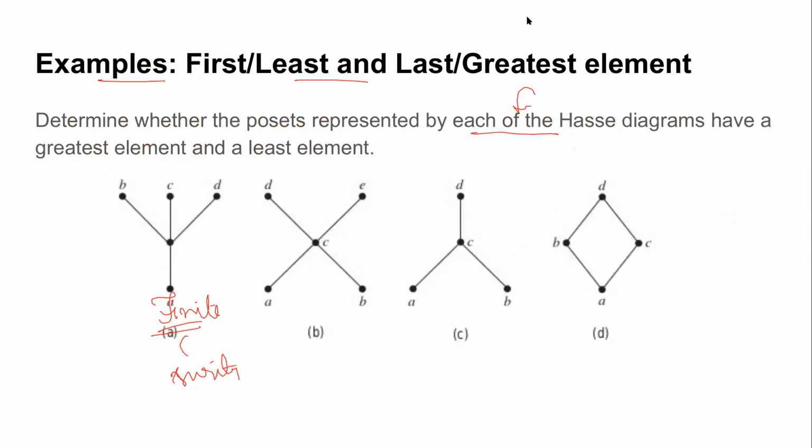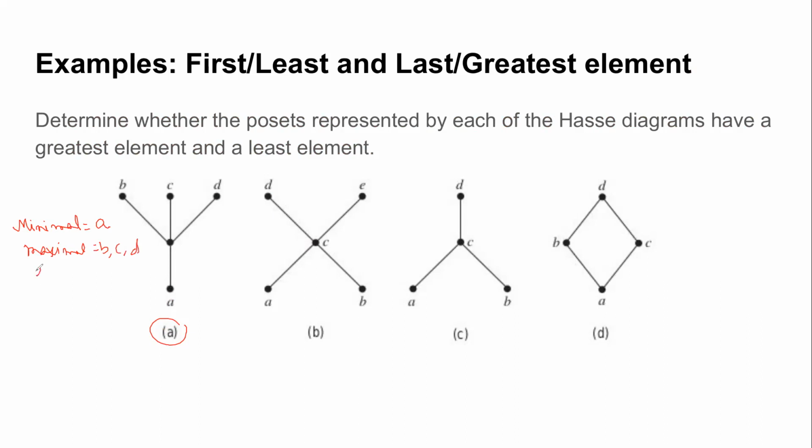So let us see with these examples. For this A, does the least element exist? Let us start with the minimal element. Minimal is A, and the maximal elements are B, C, and D. Excellent.